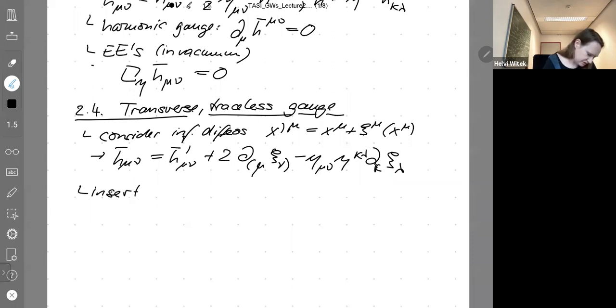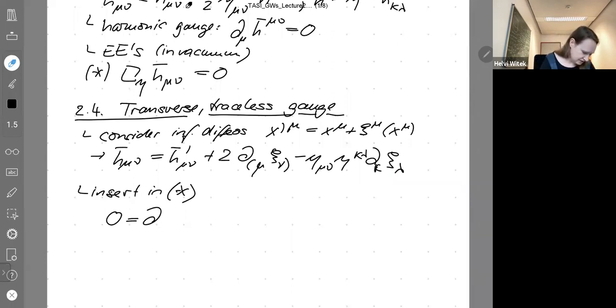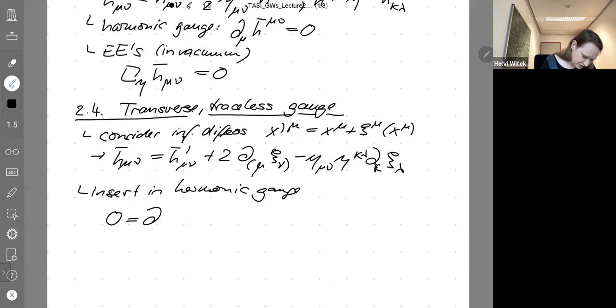Now let's insert that into the gauge condition. Our gauge was written in this form.